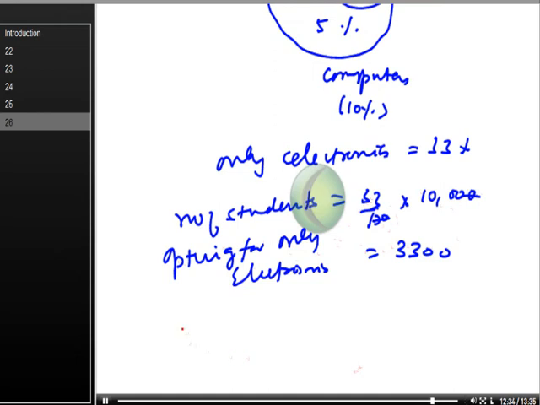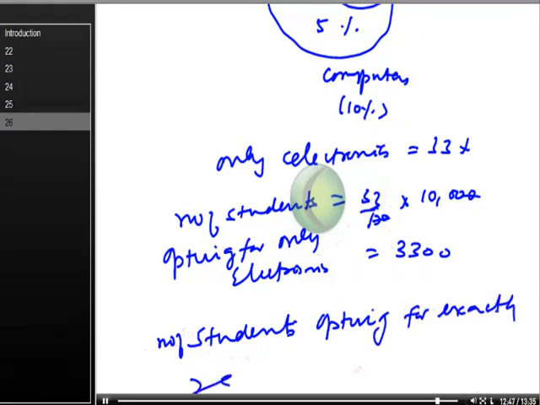So from this we can answer any number of questions. If I say number of students opting for exactly 2 subjects will be 3 plus 1 plus 2. That will be 6% of 10,000. That will be 600.